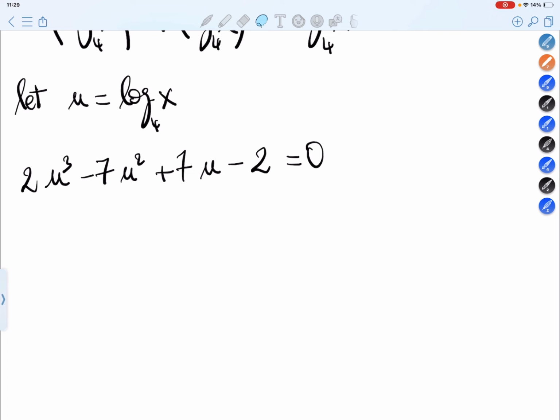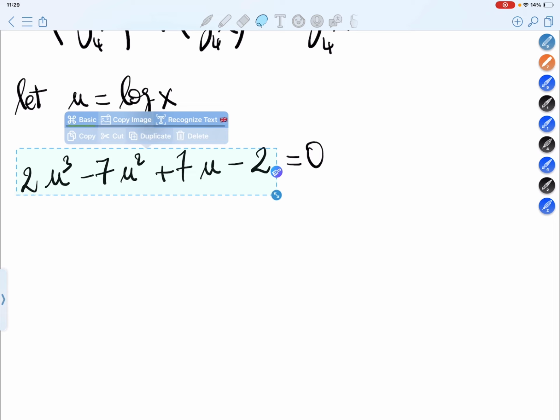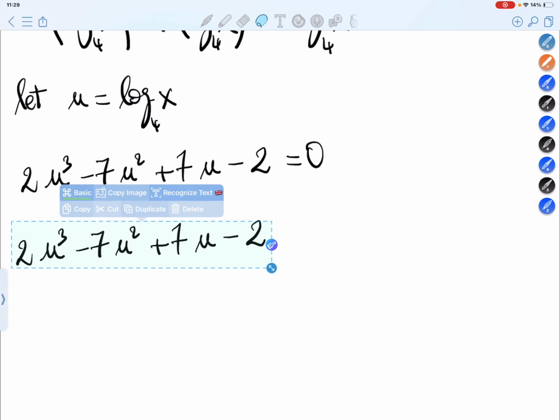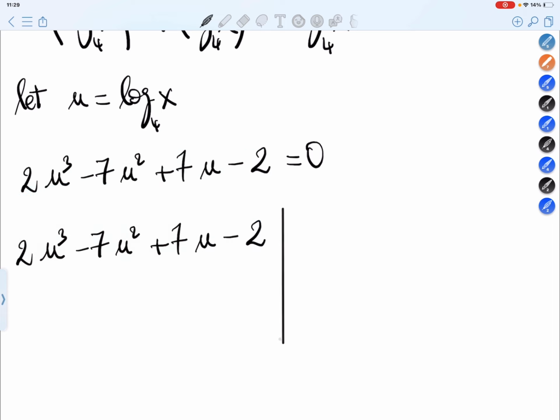So let's copy this. This we divided by u minus 1. Right. Now, so we're gonna have 2u cubed divided by u, which is gonna give us 2u squared. Now 2u squared times minus 1 is minus 2u squared, right?